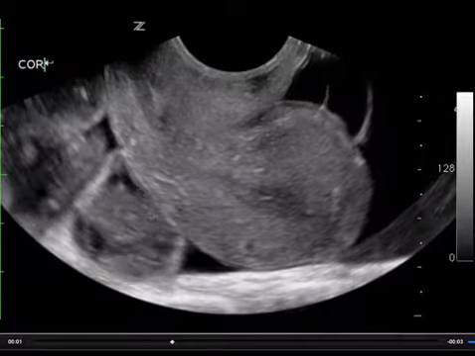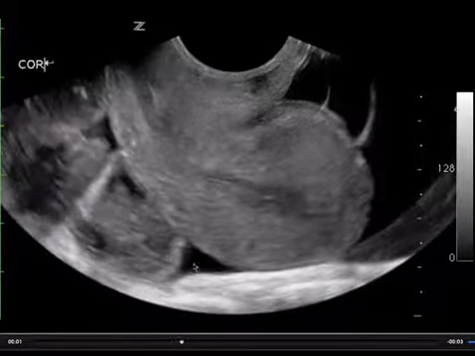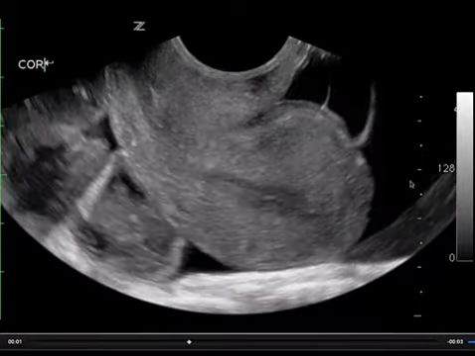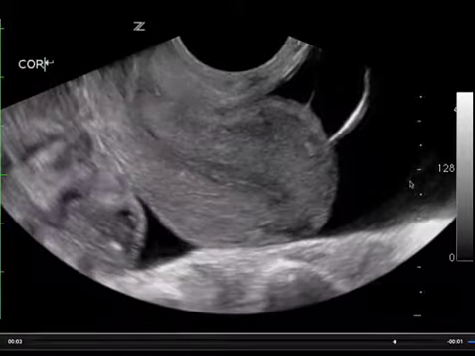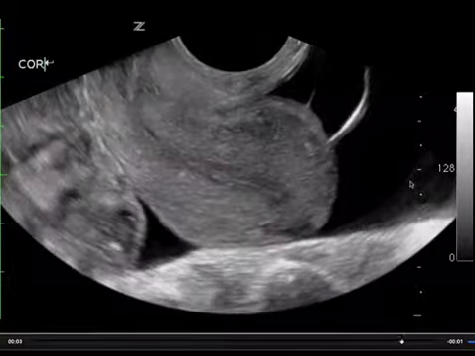We also notice the bowel peristalsing within free fluid, which is always abnormal. This may be caused by a ruptured ectopic pregnancy or a ruptured ovarian cyst or other pathology within the pelvis.